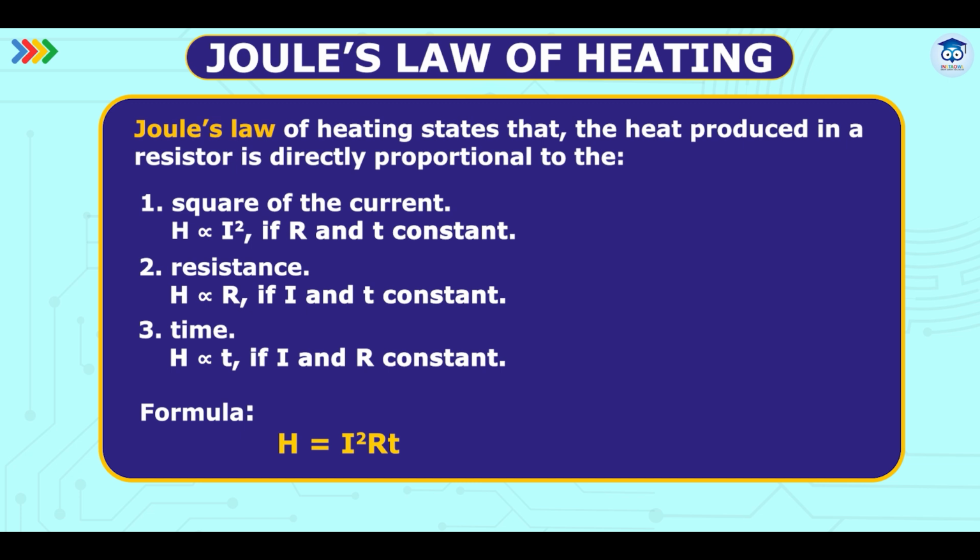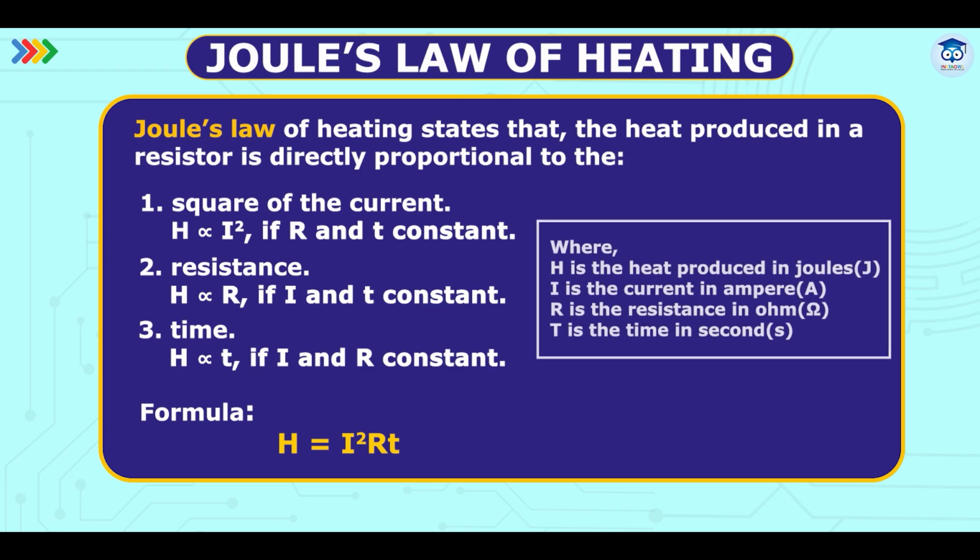This relationship can be expressed mathematically as H = I²RT, where H is the heat produced in joules, I is the current in amperes, R is the resistance in ohms, and T is the time in seconds. This indicates that as the current increases, the heat produced increases quadratically, since it is proportional to the square of the current.